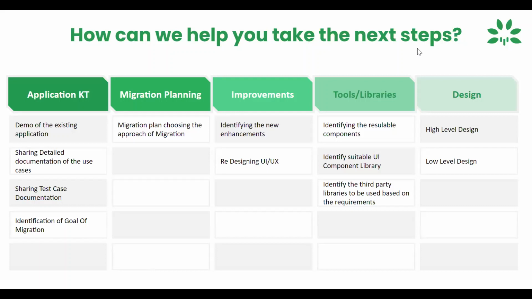And if your question is about phased coexistence, what if I just migrate 5 modules out of 10, and still keep the rest of the 5 in ExtJS as is? Then my answer would be that no one would like to maintain two different things at the same time, considering the cost and the effort we put into maintaining the application.